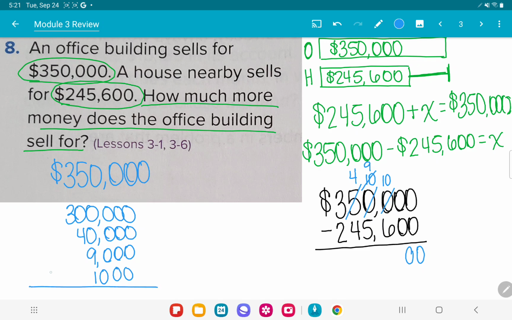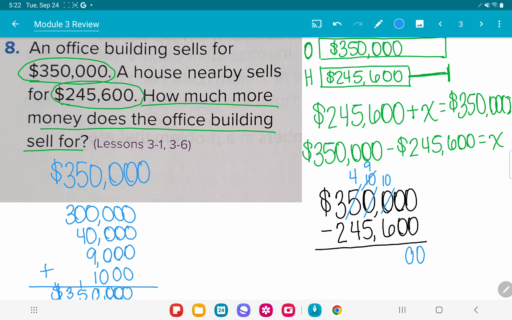I can see if I add all of those parts together, I am coming up with the exact same amount that we started with. No hundreds, tens, or ones. Have 10,000s. I regroup 1. 4 plus 1 is 5, and 3 plus nothing is 3. We can see, even though we've manipulated or changed the units around, we have not changed the value of that office building, which was $350,000.